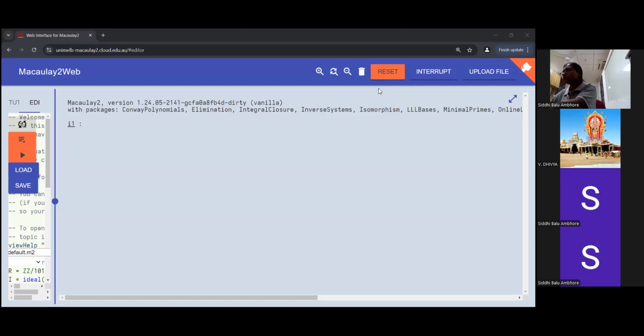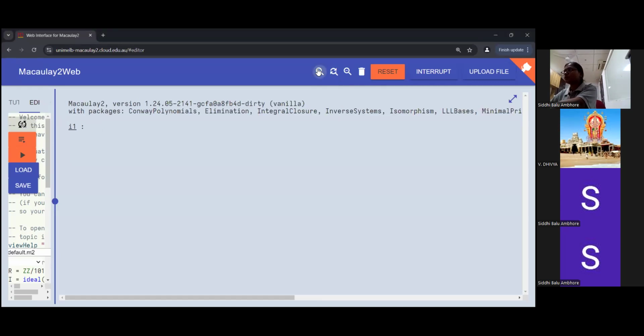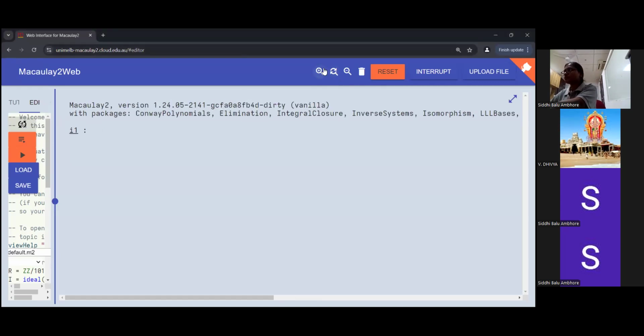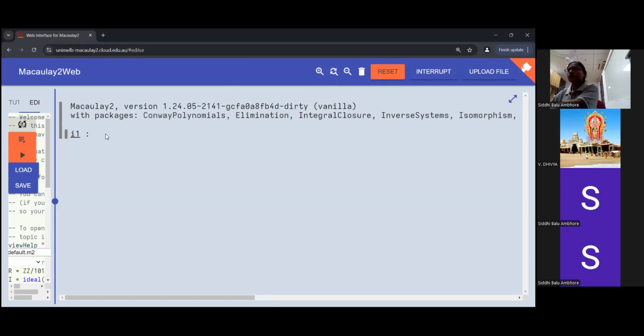Let me zoom it a bit. To find the Koszul complex, we need a package in Macaulay2. In general, there are many packages in Macaulay2 which we need to call for accessing certain functions available in it.